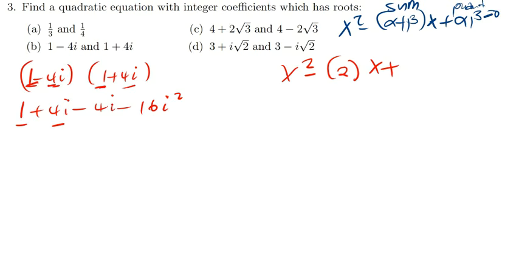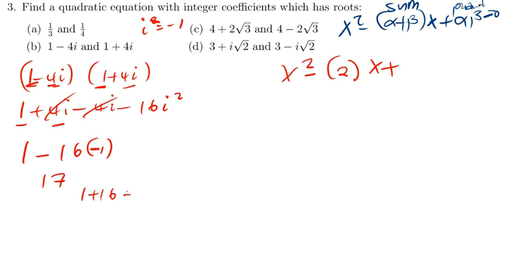Negative 4i times 4i is negative 16i squared. Wherever you come across i squared, replace it with negative 1. So then the i terms give 0. 1 minus 16 times negative 1. So that gives me 17, because this is going to be positive. 1 plus 16, that is 17.